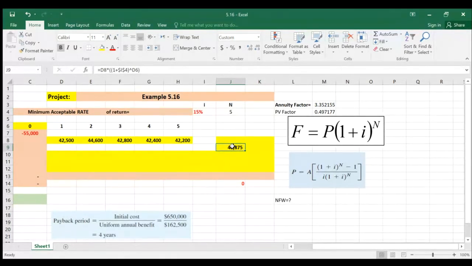so this is the future value of this 42,500. What is the value of this one as of today, right?